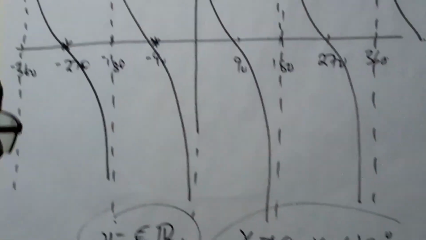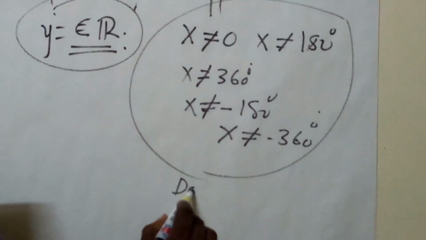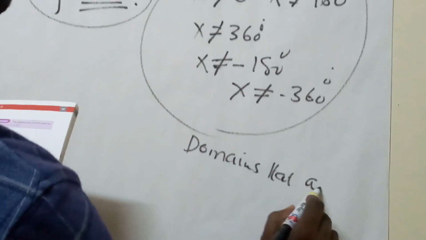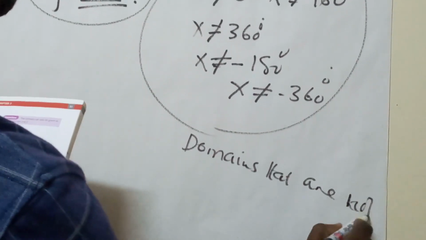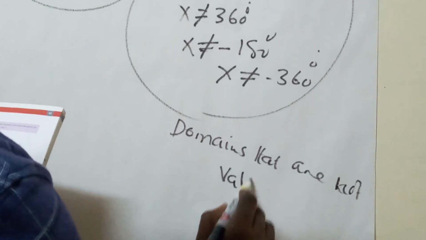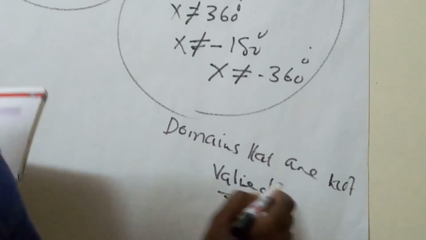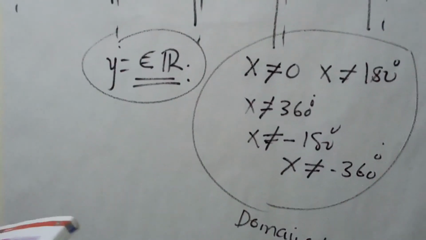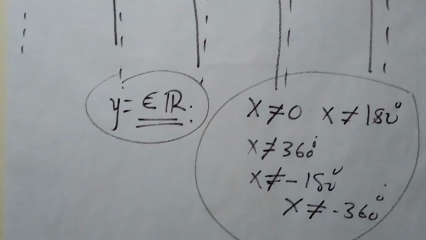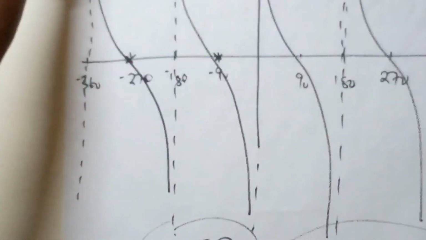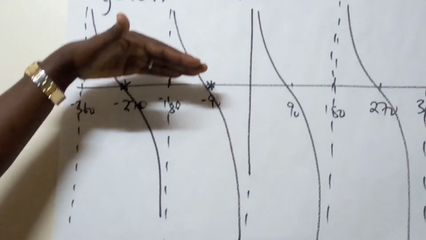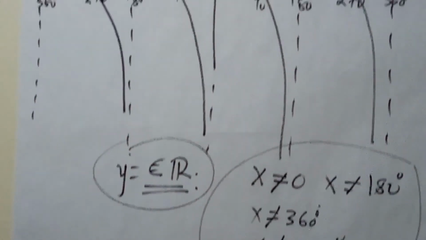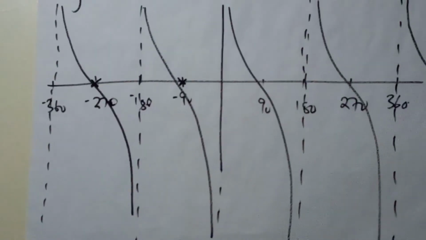All these are domain values that are not valid. All the others are valid. But as far as the range is concerned, that means the value of y can assume any real number. You can see y stretches from 0 towards infinity, and then from 0 towards negative infinity. So it can assume any real value. So y is any real number. All right?